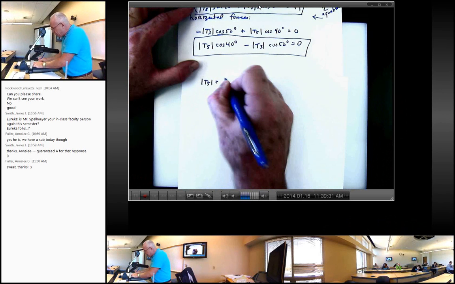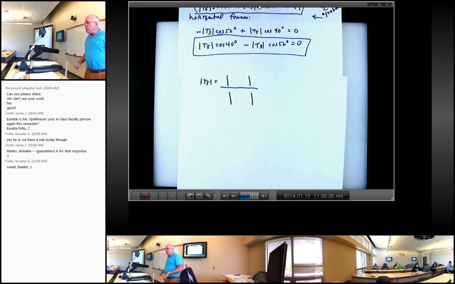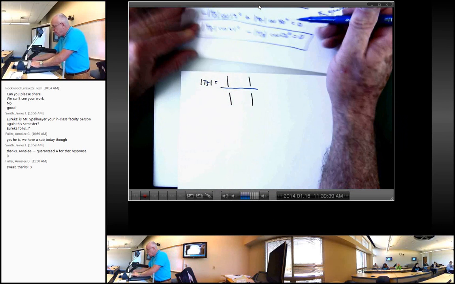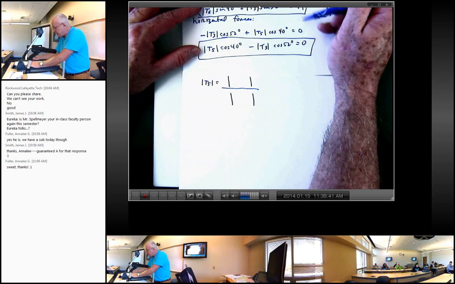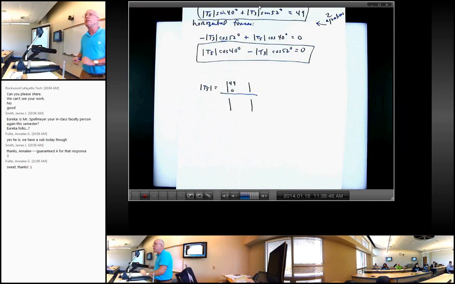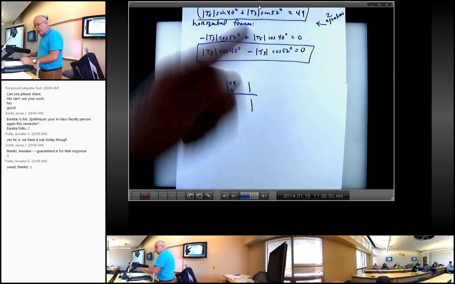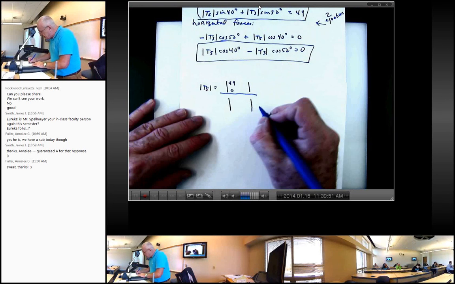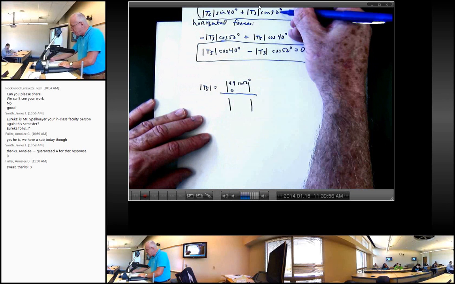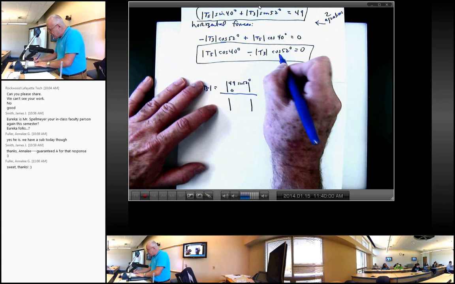We have a determinant on the top and a determinant on the bottom. The determinant on the top, for the T5, we put the numbers that we have on the other side of the equal sign, so that's 49 and 0, in our first column. In the second column, we put our coefficients from the other variable, which is the sine of 52 degrees. That's that coefficient. And careful with this one, this is negative cosine of 52.